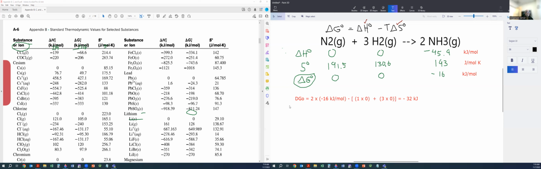So now let's calculate delta H. Delta H under standard conditions is going to be 2 times the product, negative 45.9, products minus reactants, and the reactants are going to be 1 times 0 plus 3 times 0.